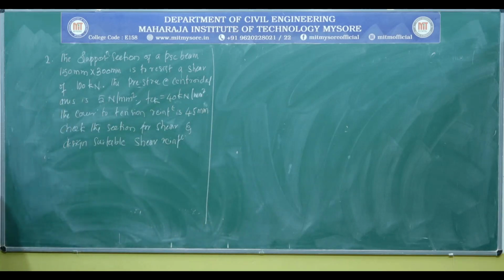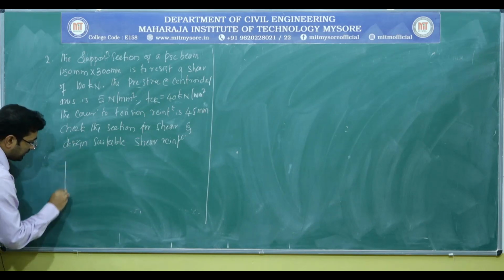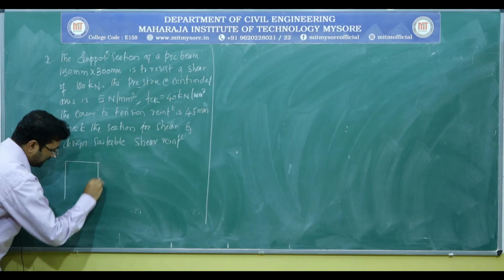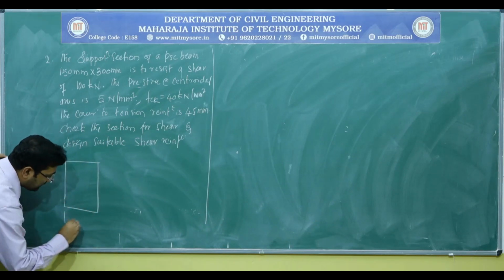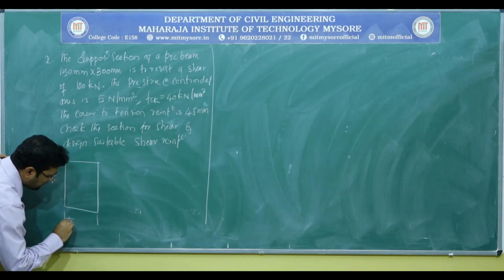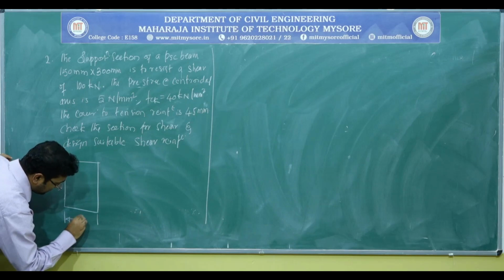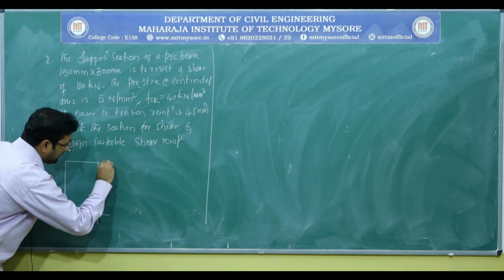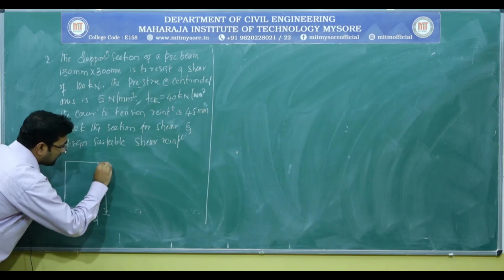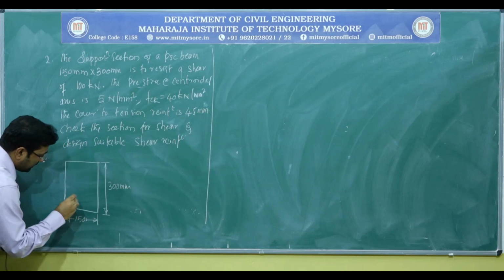As good as the previous problem. See here, they have given a section. The width of the section is 150 millimeter, and the depth of the section is 300 millimeter.